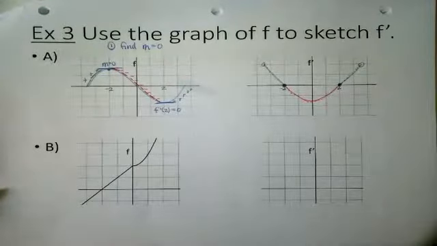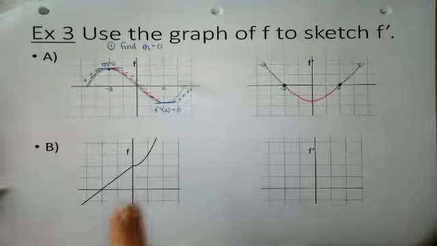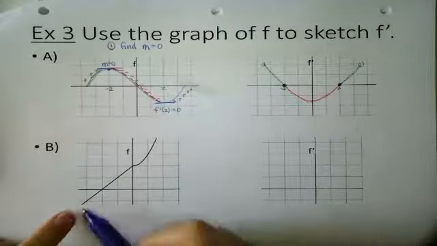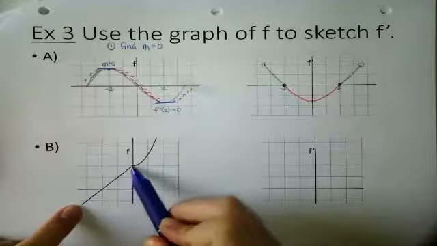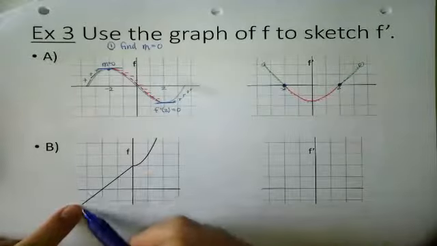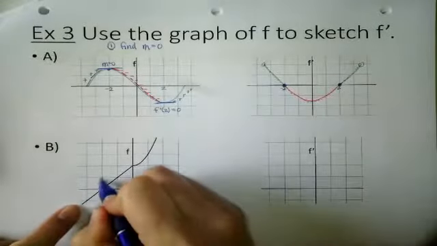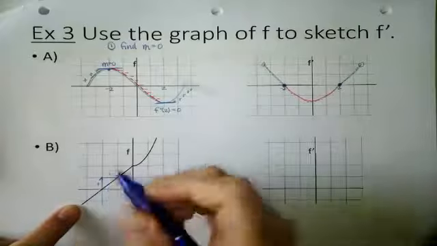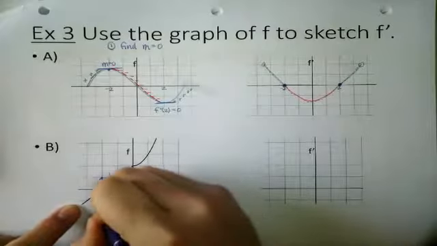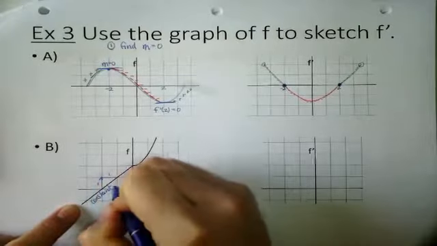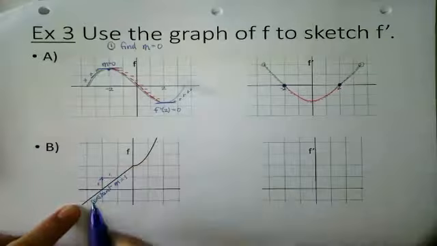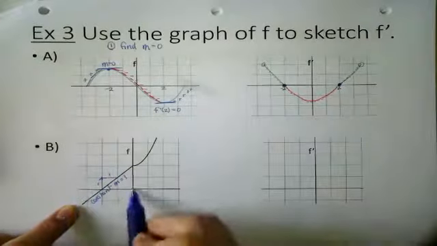This one's a little trickier. This is a very interesting one. Again, we're thinking about the slope. Well, we clearly have in this section a line. It is a constant slope, and you can see that it's going up 1 and over 1. So this is a constant slope of 1 for every value to the left of 0.